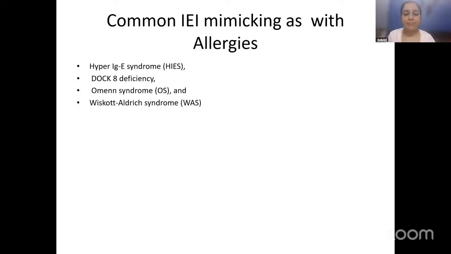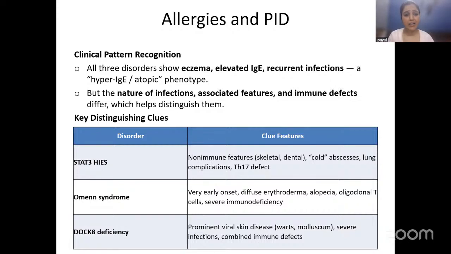So, common inborn errors of immunity which mimic allergies are hyper IgE, DOCK8 deficiency, Omenn syndrome, and Wiskott-Aldrich. I may not be able to discuss all of them, just some key features. If your IgE is more than 2000, you have got this rash and the child is having recurrent infections, please think of PID and not plain allergy just on the basis of IgE.